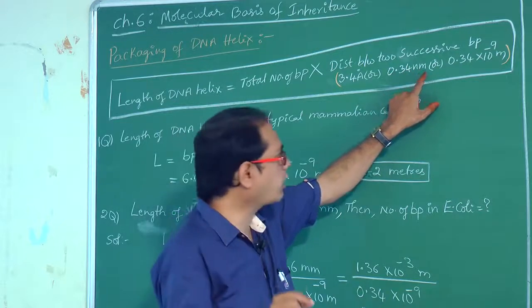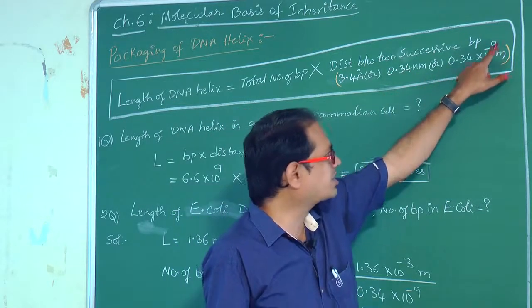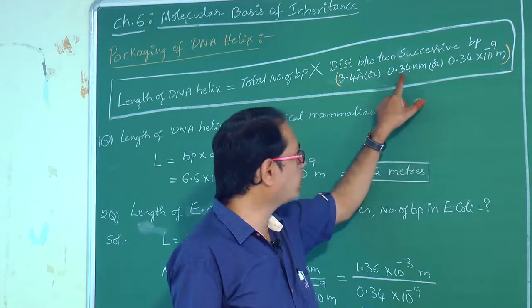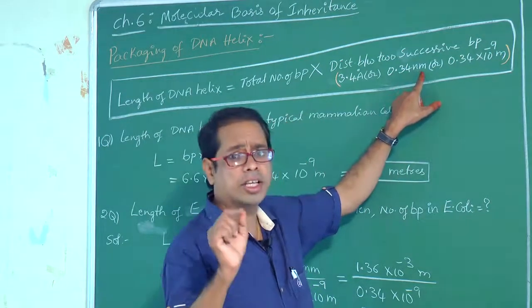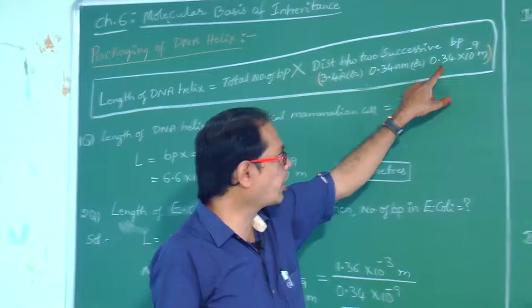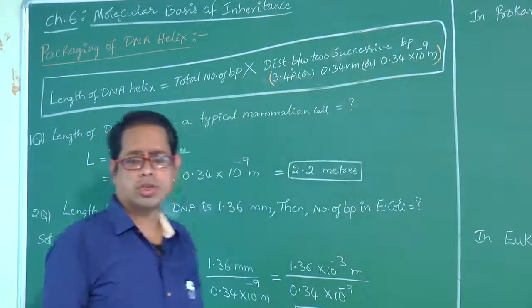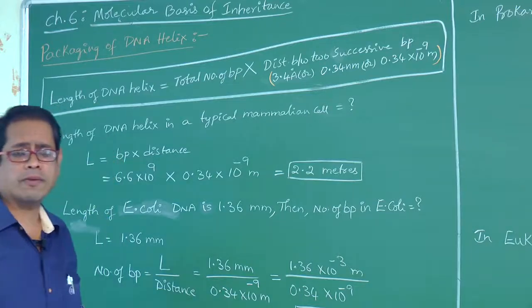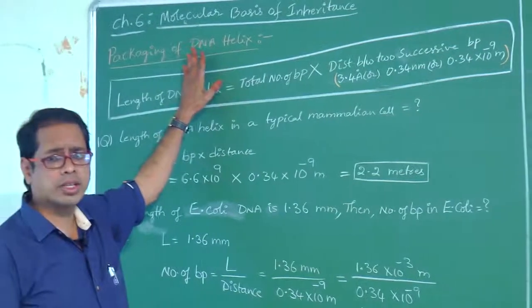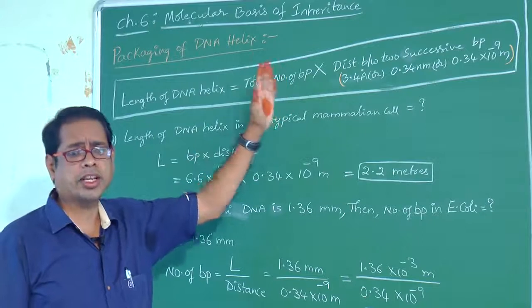Nano means 10 power minus 9 meters. So 0.34 nanometers is equal to 0.34 into 10 power minus 9 meters. So the formula for the length of DNA is the number of base pairs times the distance.